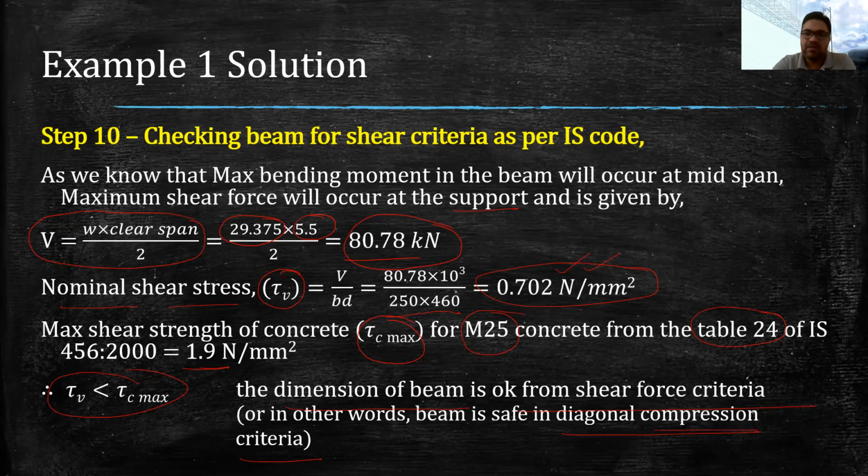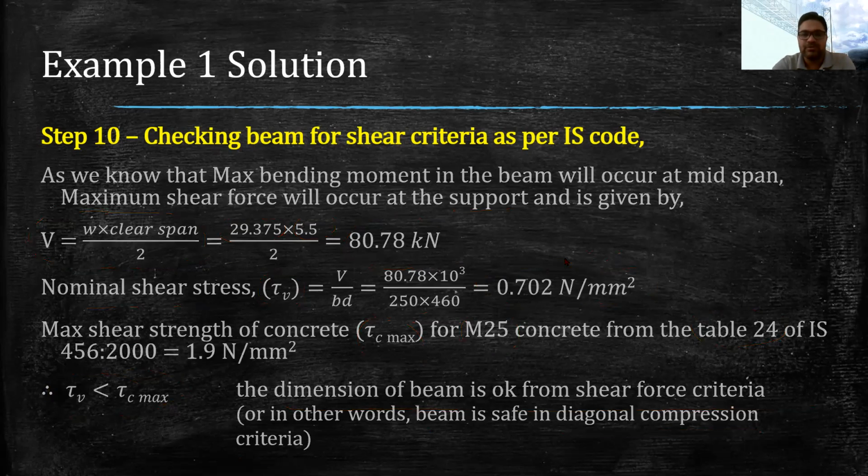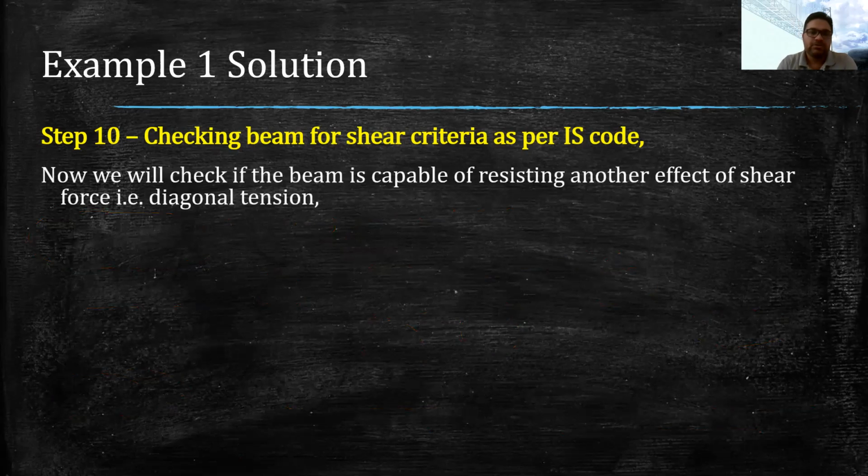For that we need to find the tau c value also. Now we will check if the beam is capable of resisting another effect of shear, which is the diagonal tension. The beam is safe in diagonal compression, but we need to check whether it is safe for diagonal tension also.